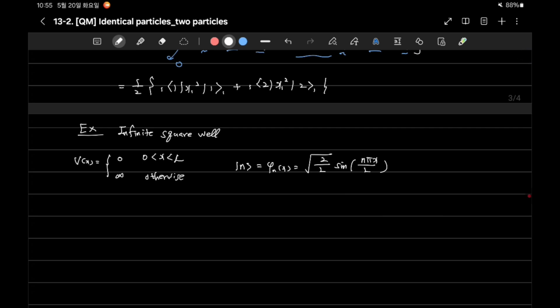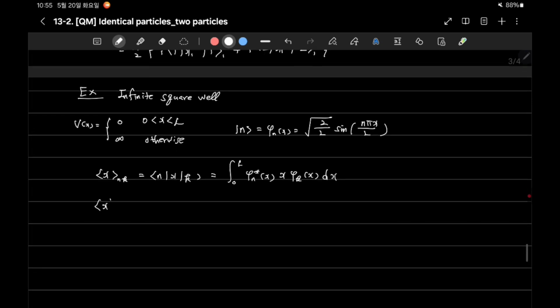So the expectation of x in the basis of n and k is the integration from 0 to L of phi_n(x) x phi_k(x) dx.